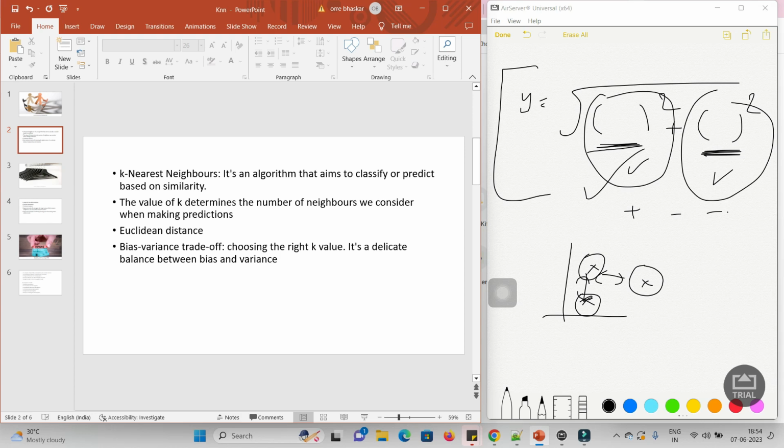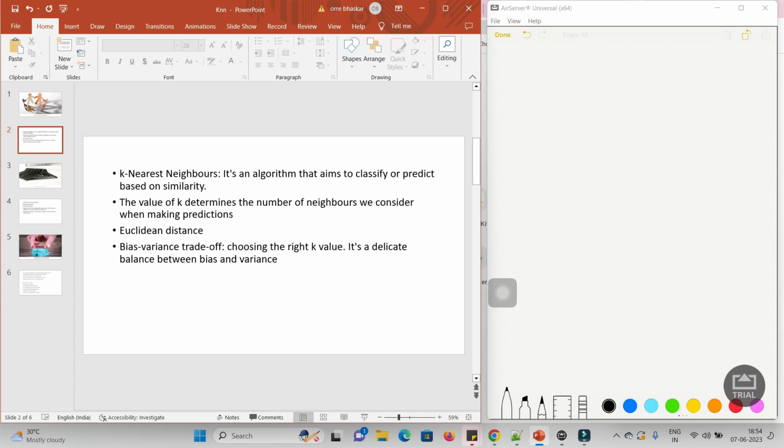Whereas the variance means it's a variation. So if there is a lot of variation in the data, then we are having high variance. Remember, if bias increases, variance decreases. If variance increases, bias decreases. Okay? A small value of k may lead to overfitting, while a large value of k may introduce underfitting. We need a sweet spot between bias and variance trade-off.